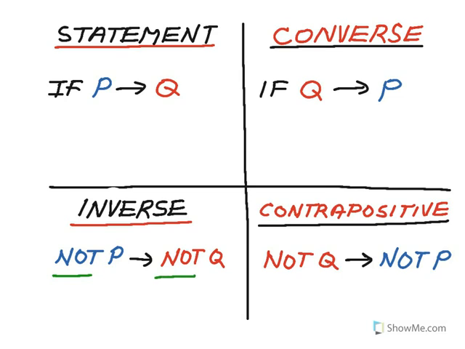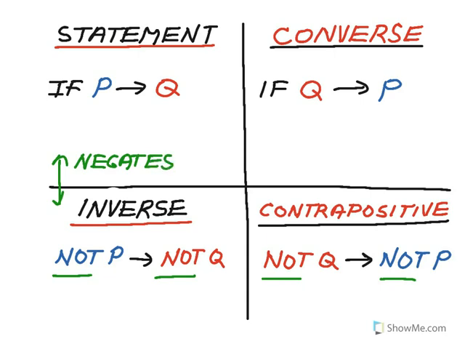The same goes for the converse and the contrapositive. The contrapositive is a statement that negates the converse. Where the converse is if Q, then P, the contrapositive adds the word not: if not Q, then not P. So if I look up and down this chart vertically, the statements at the bottom negate the statements at the top.